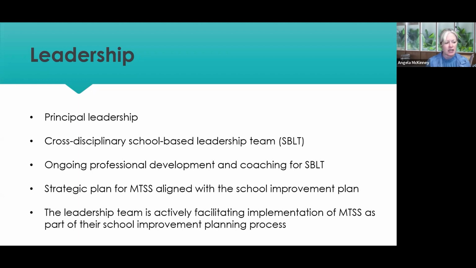They're also going to be looking back at our school improvement plan. And how will the MTSS framework support what we're looking to accomplish through our improvement plan? I've yet to see a school improvement plan that I didn't think using the MTSS framework would help.